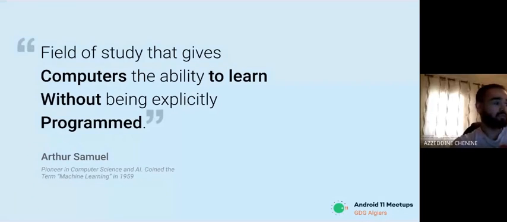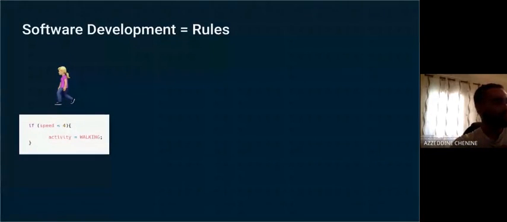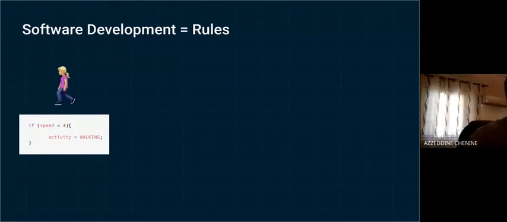To explain this more deeply, we need an example like this one. If I want to write a set of rules using imperative programming to show that this girl is walking, I just write an if condition: if the speed of this girl is less than 4, the activity is walking.